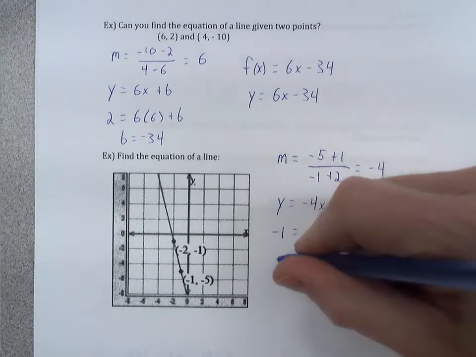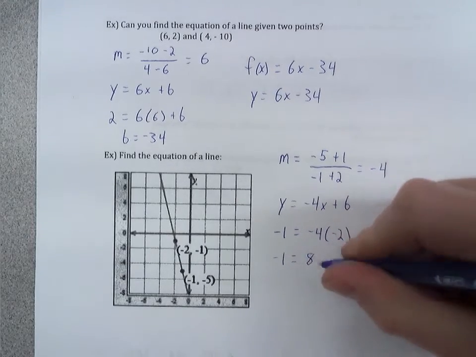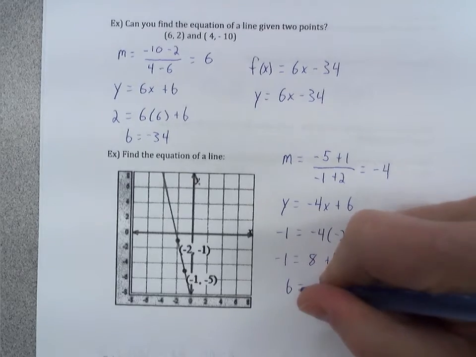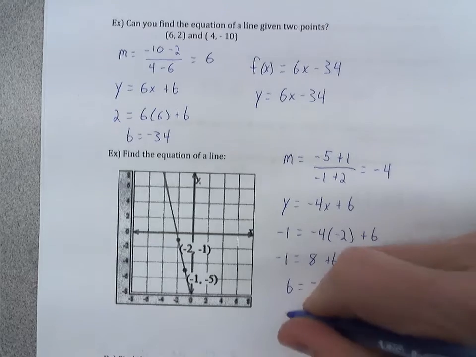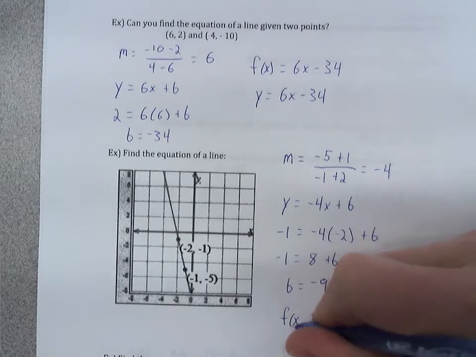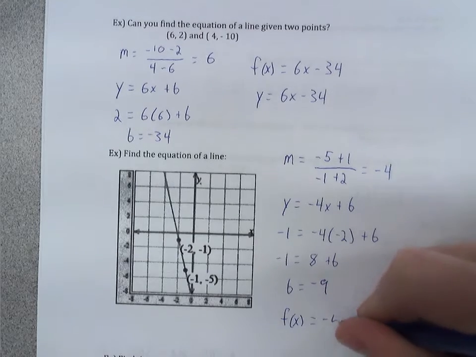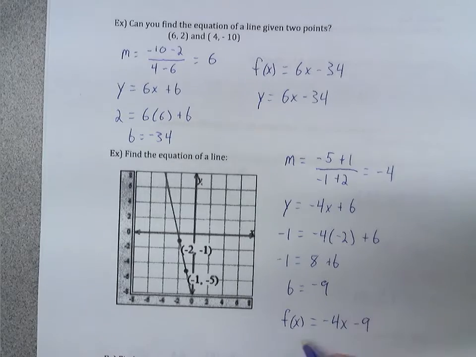And obviously I've got negative 1 is equal to 8 plus b. Therefore, b is equal to negative 9. So I have the function f of x, or y, is equal to negative 4x minus 9. And there's our equation. Pretty simple.